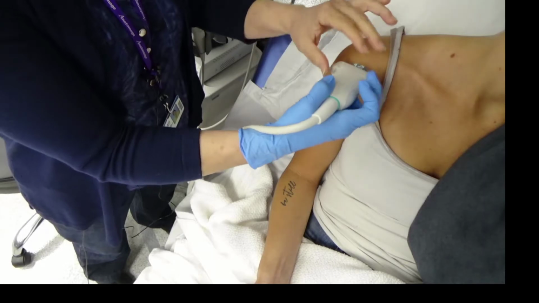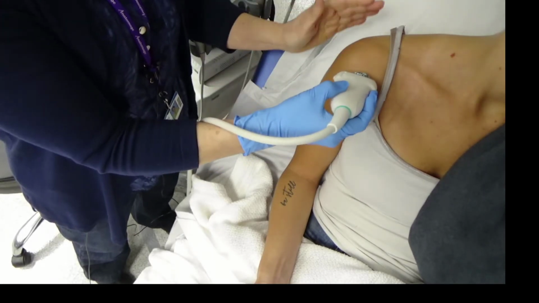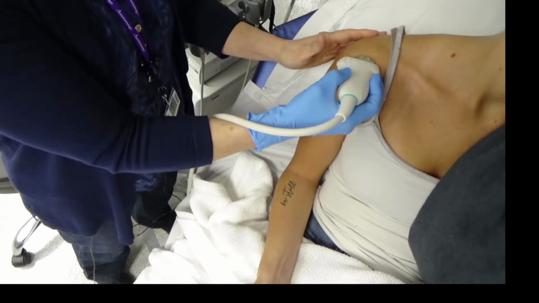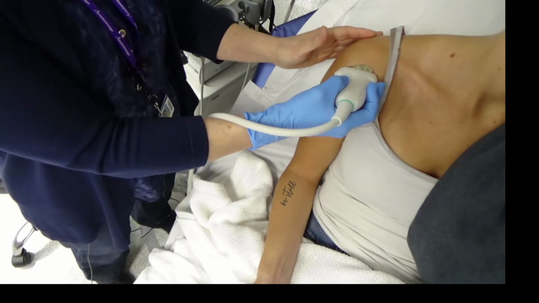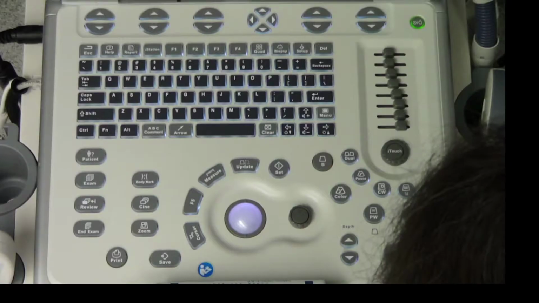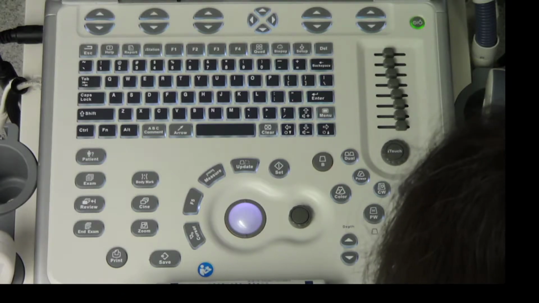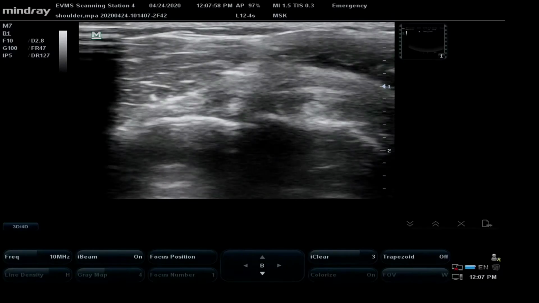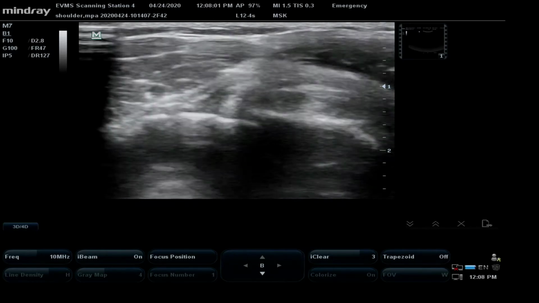So anywhere that I put the probe, I should be able to see it. Let me go to the screen, please. Oh, the ultrasound. There we go. Perfect. All right.